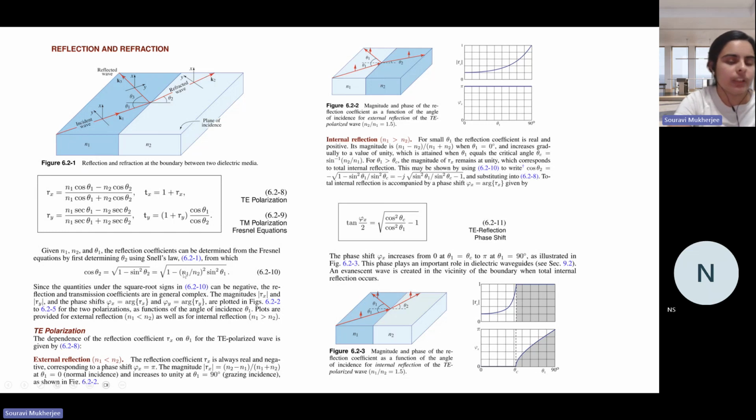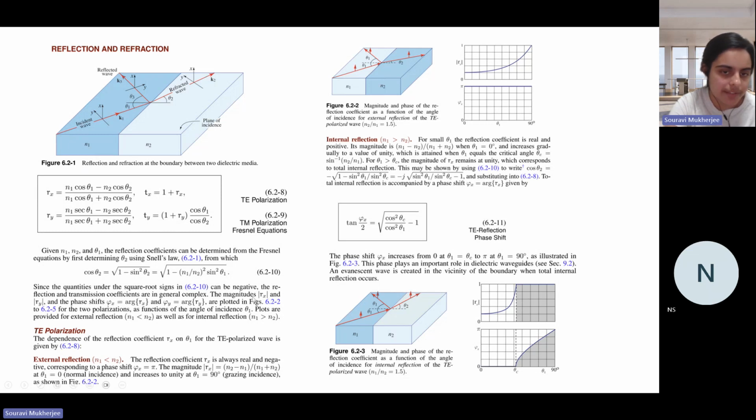So depending on how n1 and n2 are, or how the incident angle is, these quantities can be negative. So it can have some imaginary parts as well. Okay. So in that case, your reflection coefficient as well as your transmission coefficient would acquire some phase. It would be a complex quantity, right? So that's what is being given here.